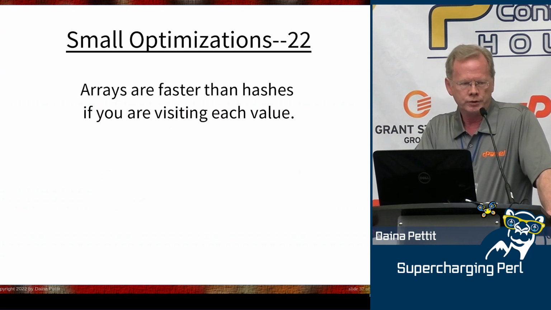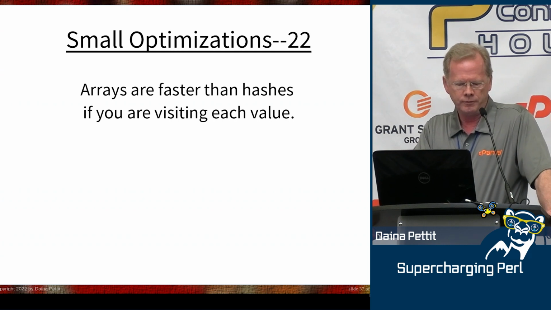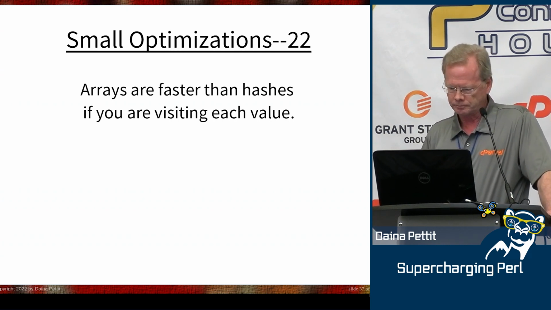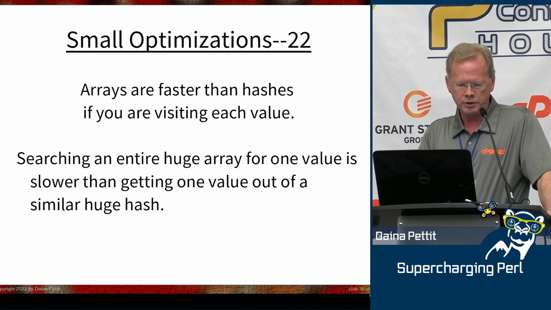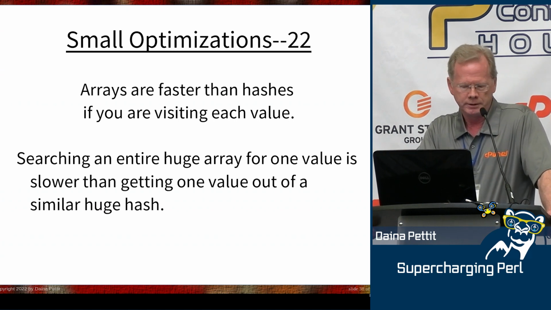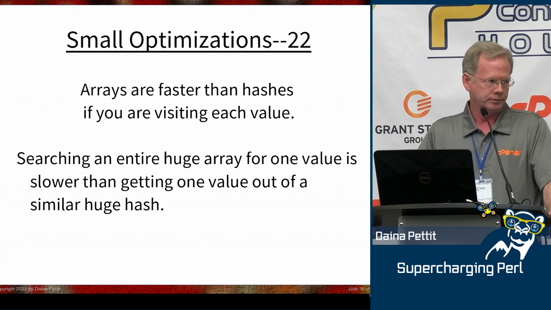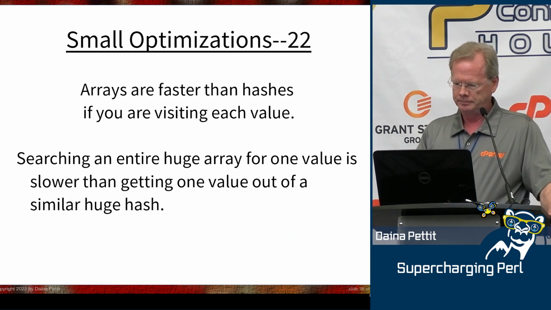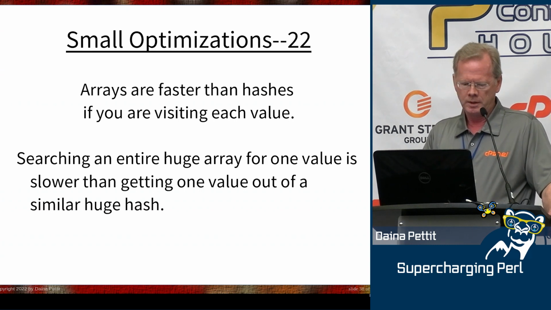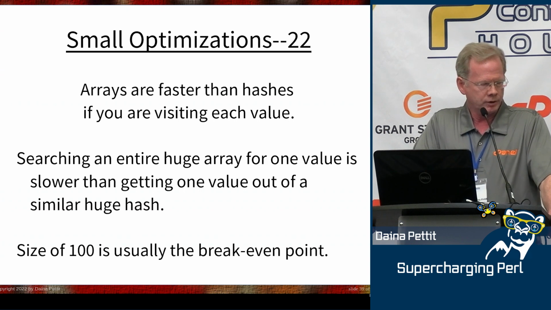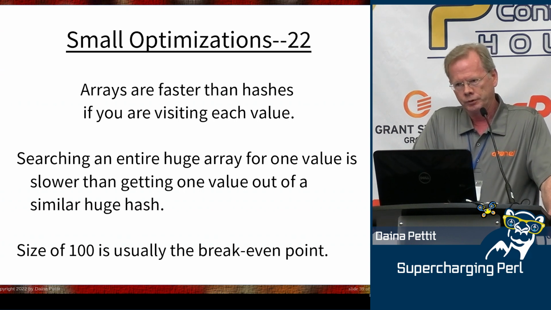In general, arrays are faster than hashes if you're visiting each value. However, if you're searching an entire huge array for a single value, then it's faster to get it out of a hash. If it's a small array, can I scan it, or should I use a hash?